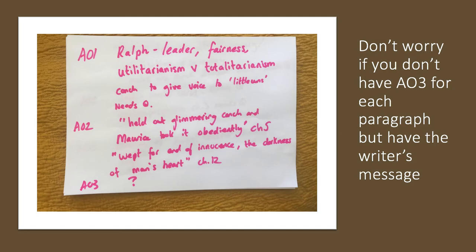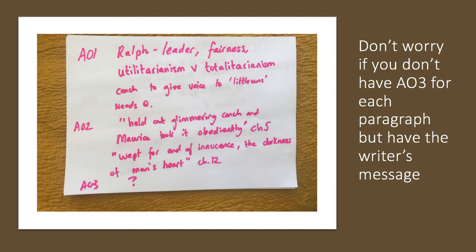I've got some quotations here with language that I can look at, the adjectives, the glimmering, also that Maurice took it obediently. We've got the very final quotation in the novel when Ralph reflects on the end of civilization and innocence, which is intrinsically linked to the importance of the conch.